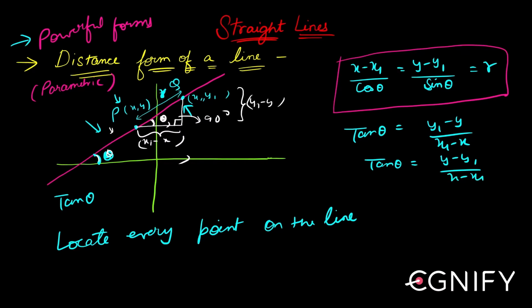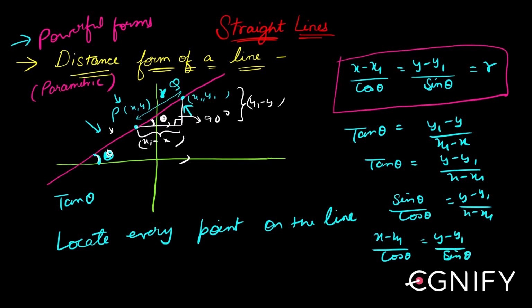Now tan theta can be written as sin theta by cos theta, equal to y minus y1 by x minus x1. If I rearrange this, what I'll get is x minus x1 by cos theta is equal to y minus y1 by sin theta. But how am I getting this r? That is the question. That is not very difficult to answer, because just take cos theta from that triangle.